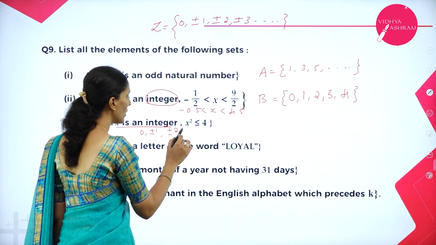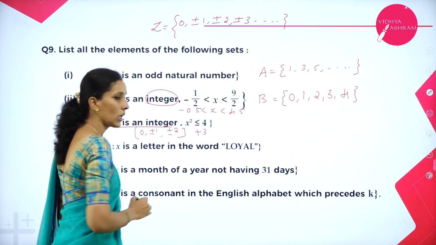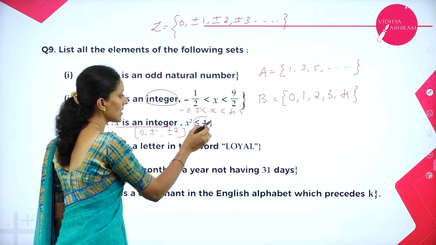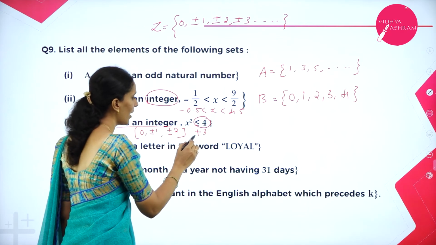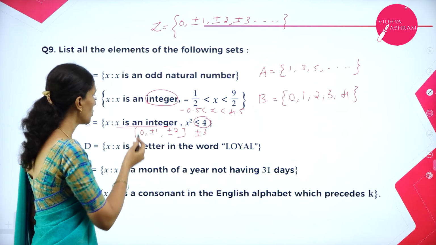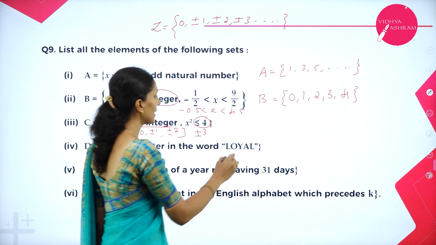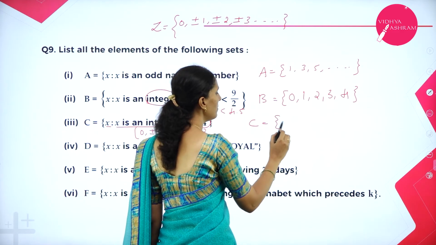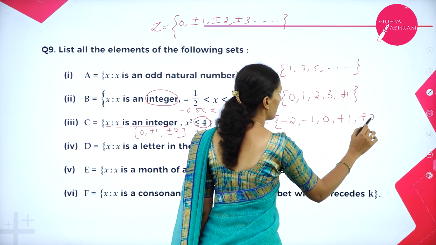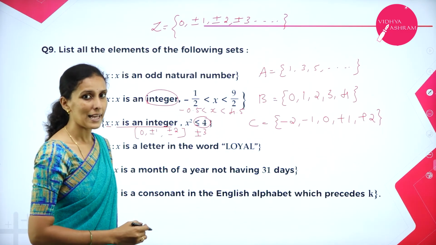So these are the only values I can take. Suppose I take plus 3, 3 square is 9, but the condition here is less than or equal to 4. I cannot take minus 3 also. So the only values of x I can take here are from minus 2 to plus 2, because their squares will be equal to 4 or less than 4.